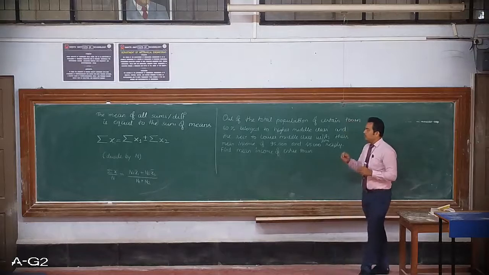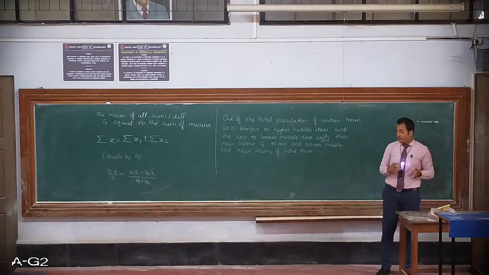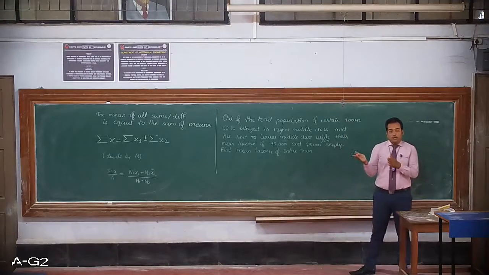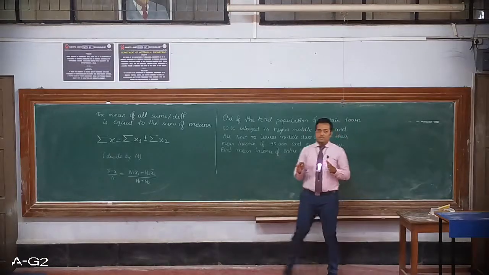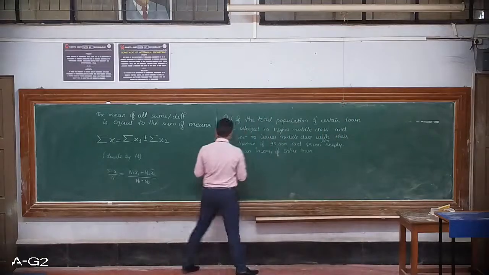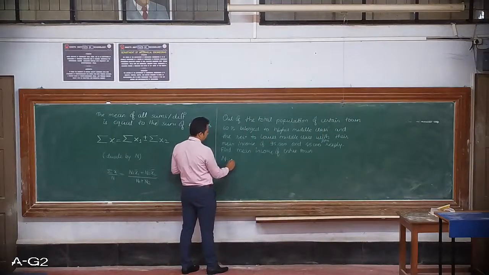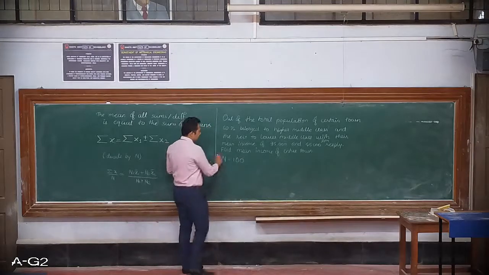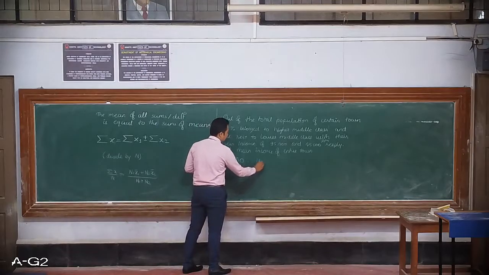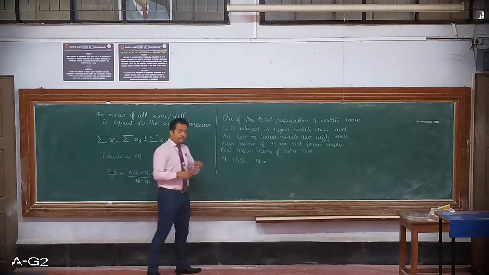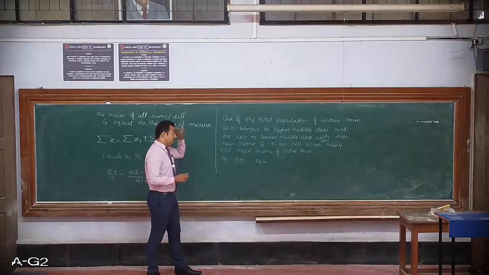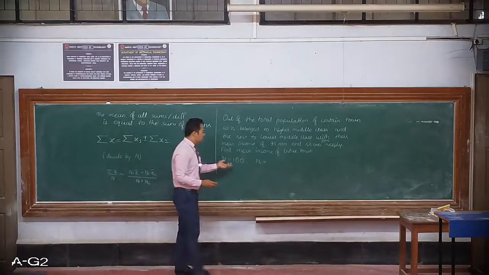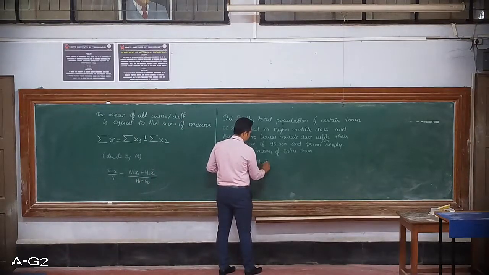Here the total number of elements is not given, but we are talking in terms of percentages, that is 60% and 40%. So we can assume the total number of elements is 100. If we consider n1 as the group of higher middle class families, it is given as 60%, so from 100, 60% is directly 60.